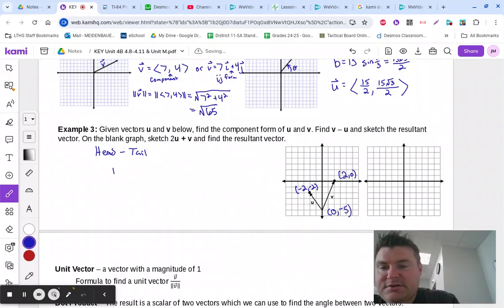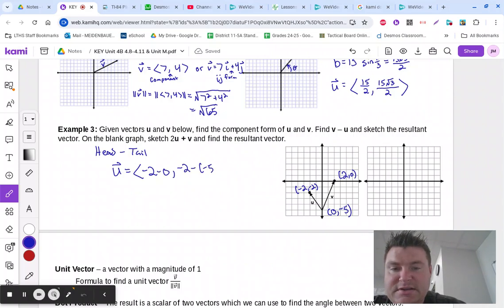So for the u vector, I'm going to do head minus tail, so it's going to be -2 minus 0 for the first component. And then the second component is going to be -2 minus -5. So this is going to give me -2, comma 3.